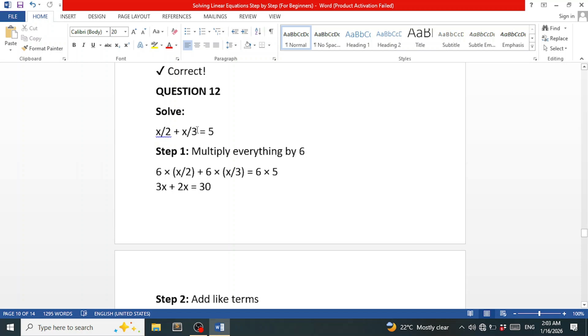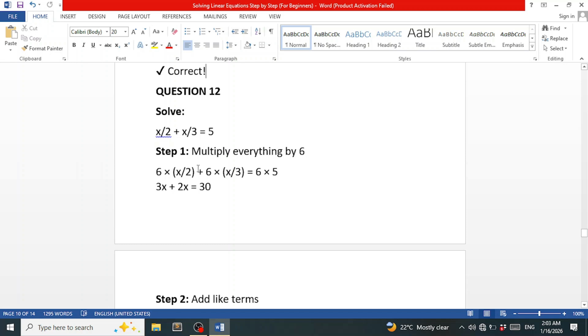So that number we've got, you multiply it throughout, you multiply it to all terms on the left side, then also all the terms on the right side. This is what I'm talking about. Step 1, multiply everything by 6. So that is 6 times, you put it in brackets to know which operation you will deal with first.